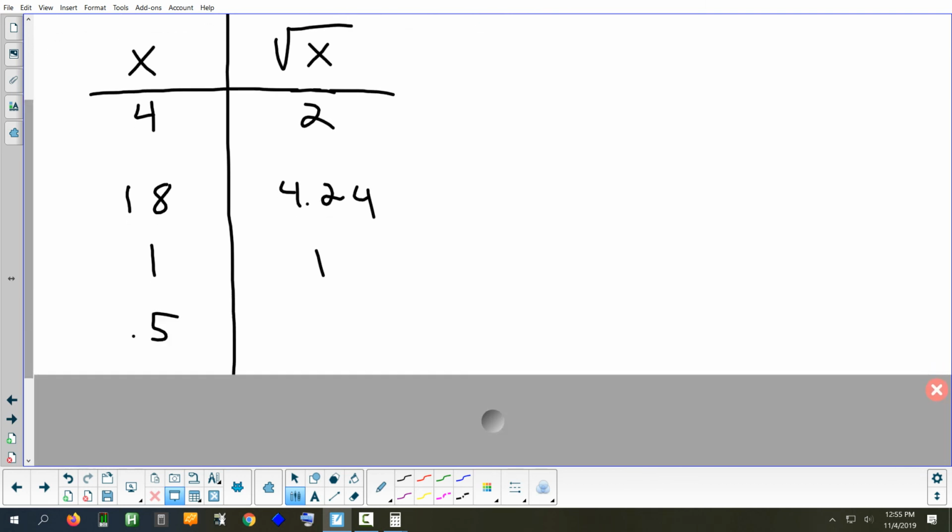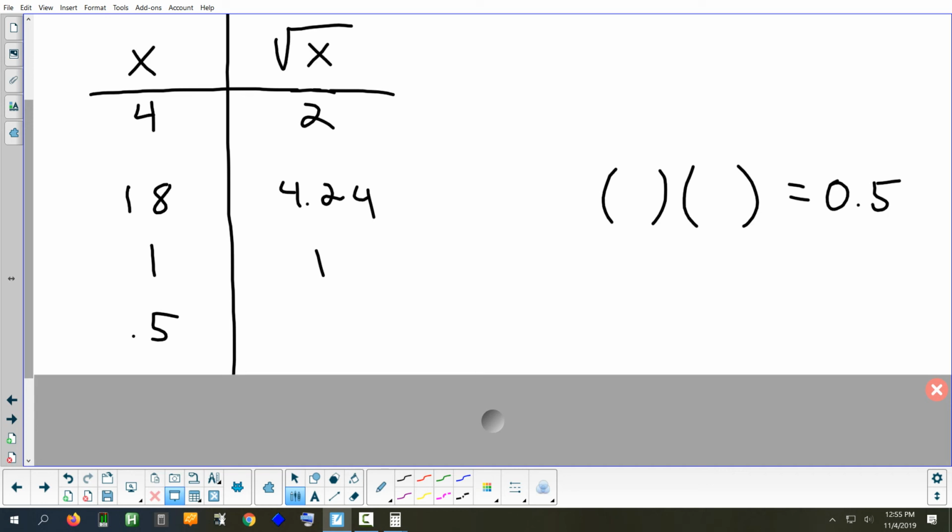Let's look at this one: 0.5. Somewhere between. Think about it: you're going to multiply two numbers together, and you want the answer to be a half. Wouldn't it be like 0.6 something?